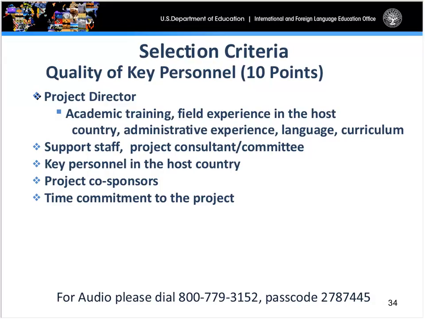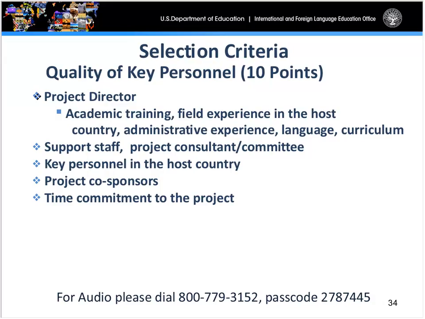But for the quality of key personnel, you talk about the project director, their training, their field experience, any kind of support staff that's on task, especially in country. You want to make sure that your support staff and your project consultants in country have the knowledge base, have the actual information they need to assist you in developing a strong in-country program.